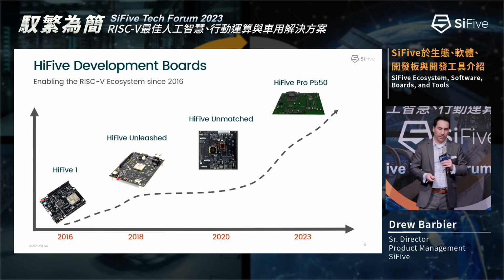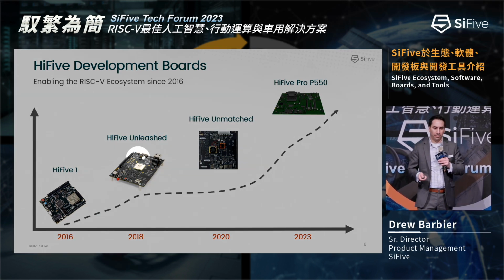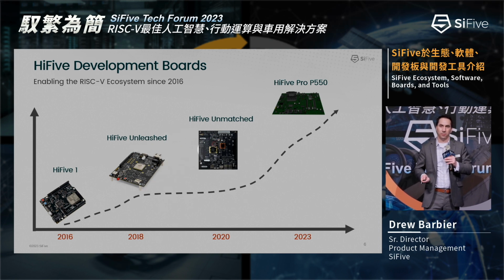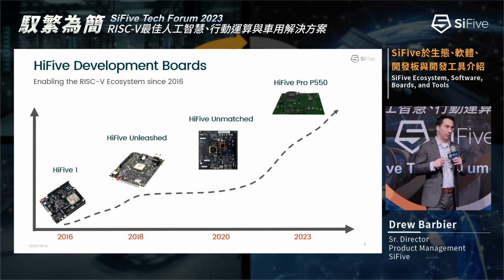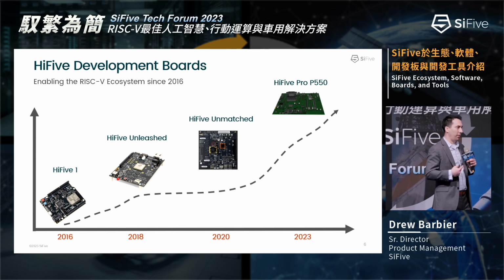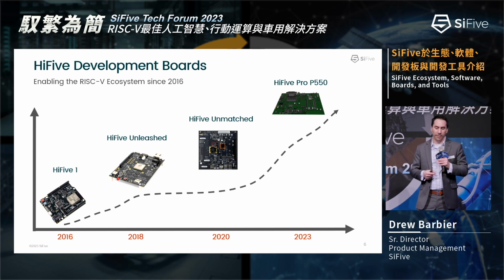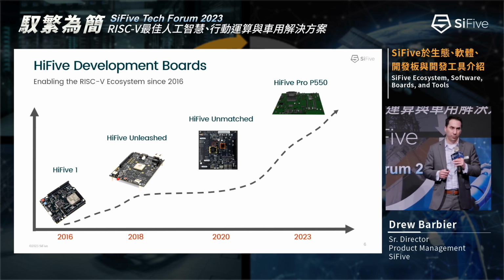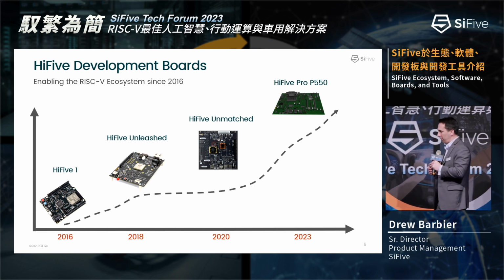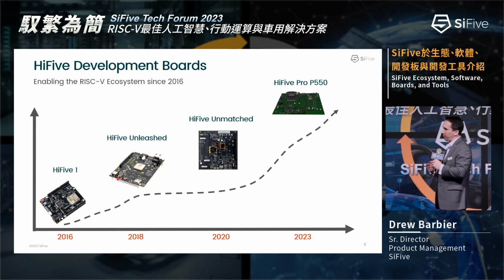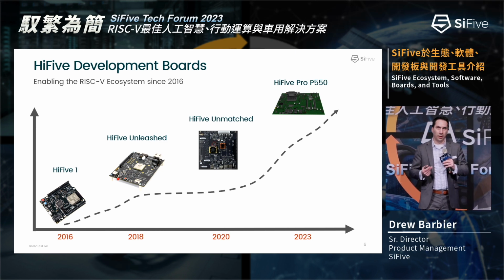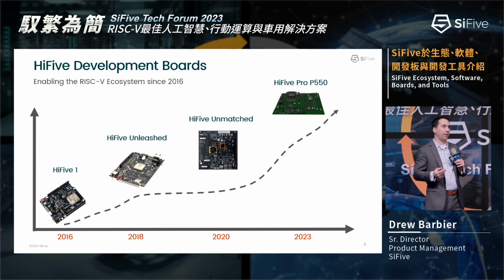Now, recognizing that's the case, again, for the application class market, we developed 2 more application processor boards, and these were the world's first Linux multi-core capable RISC-V devices in silicon. So with the HiFive Unleashed, and then again in 2020 with the HiFive Unmatched. So with these, a lot of the distribution partners, like the Canonicals of the world and SUSEs, use these boards in their board farms to build packages for RISC-V.